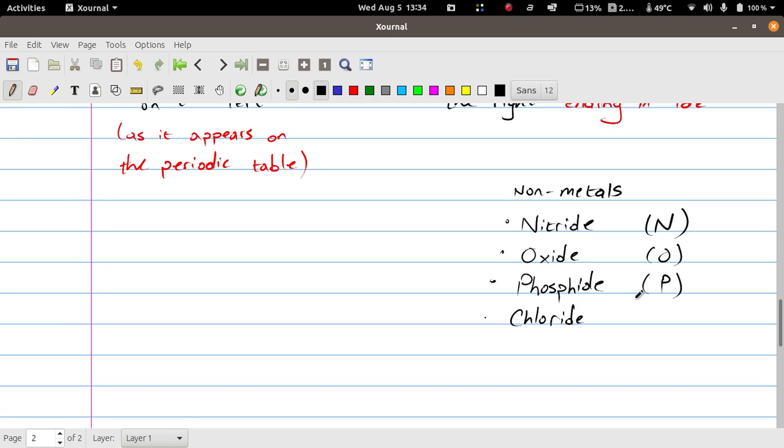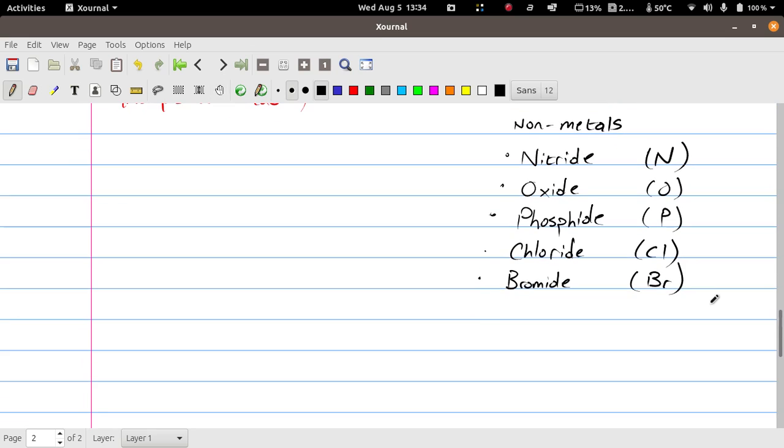Sorry, I'm not a great speller. Bromide. I'm going to give you about 2 more: iodide, and sulfide. So these are some of the more common ones in terms of just an ionic compound.